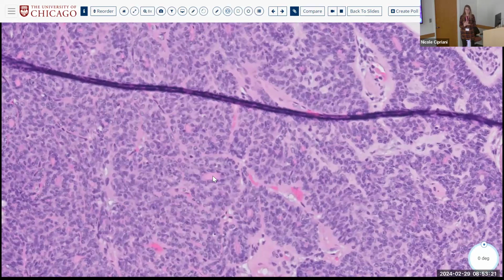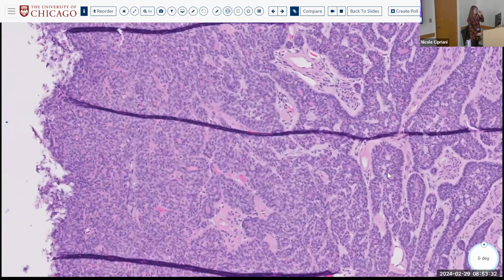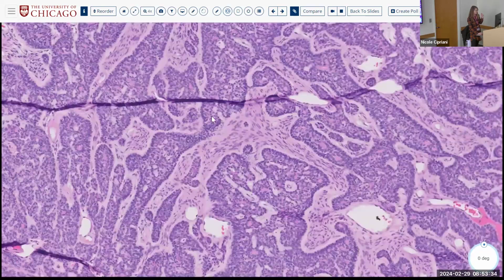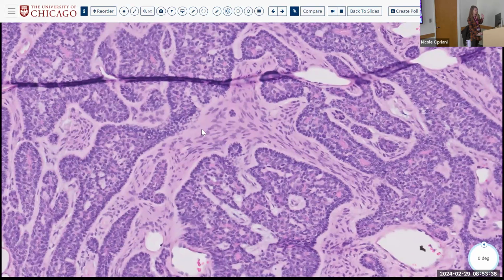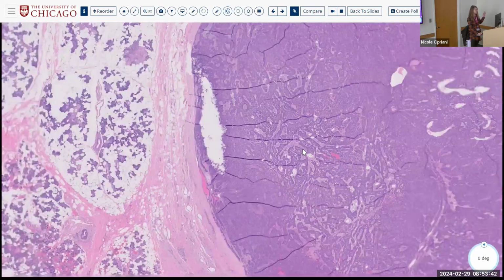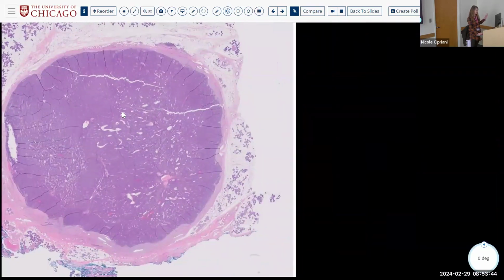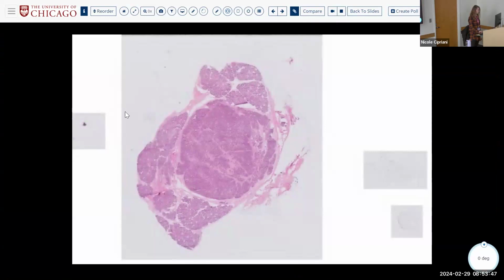That pink stuff is basement membrane material, because the basal cells secrete basement membrane material, and so you often see the hyaline globules or bands. And even better now, we see that spindled stroma in between the epimyoepithelial islands. This is the stuff that was staining for S100. So this is classic basal cell adenoma.